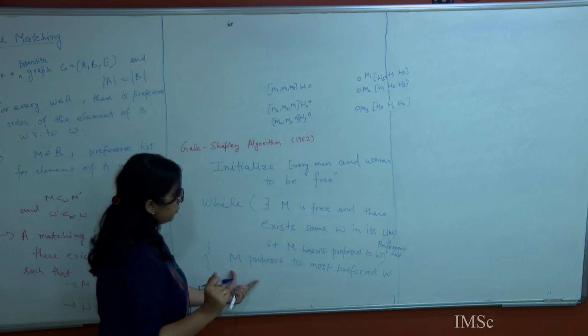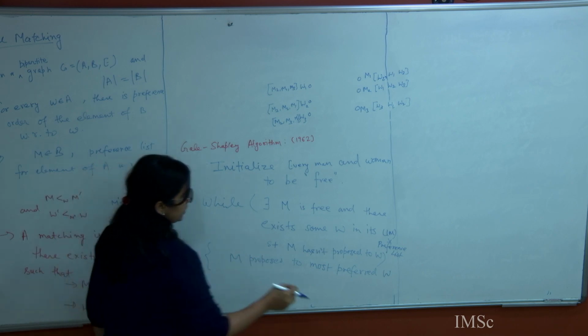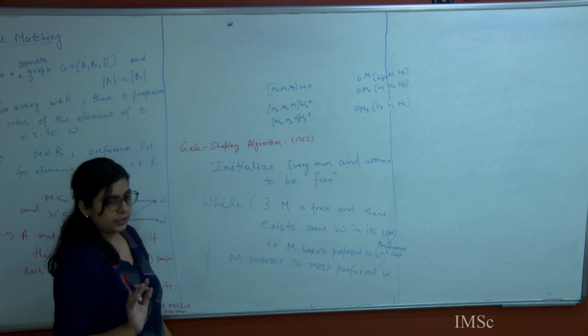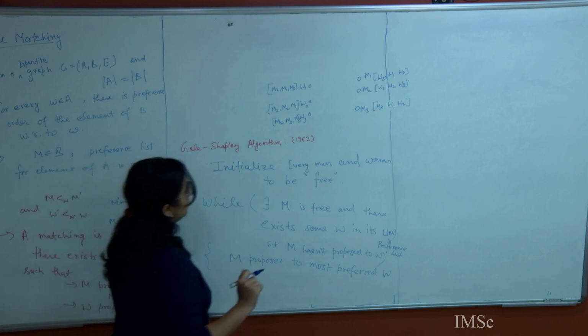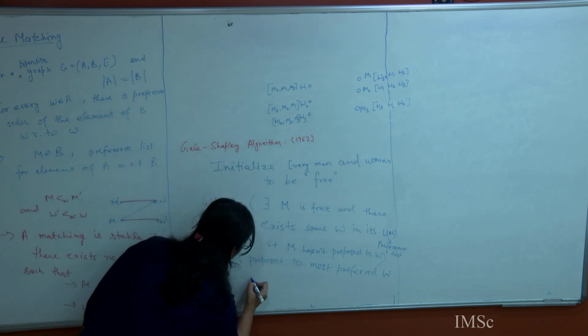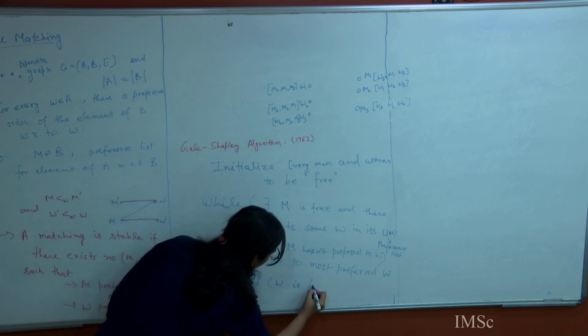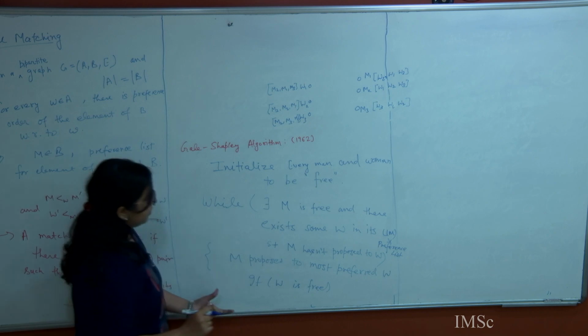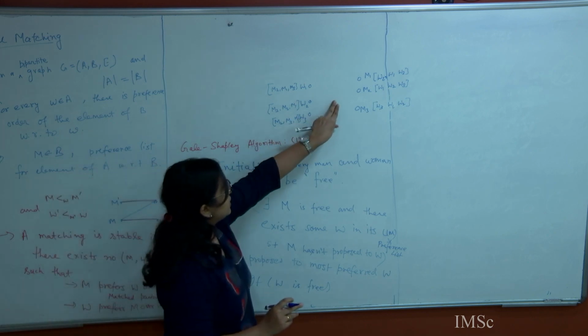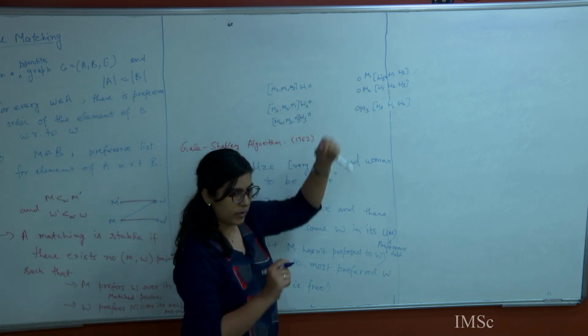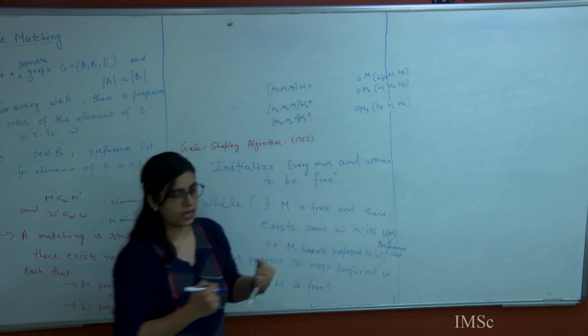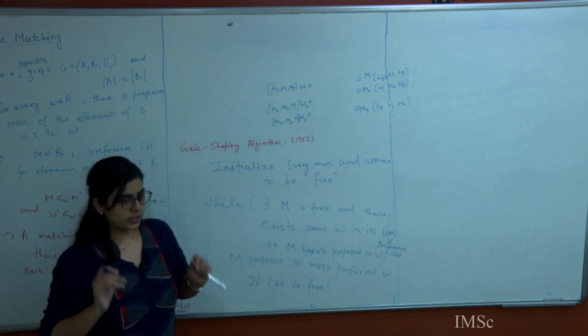Now what can happen? There are two cases. Maybe this W is free already. Basically, in this algorithm men propose to women, and now the woman has the choice whether she wants to accept or reject.